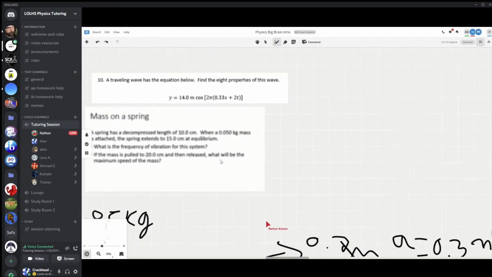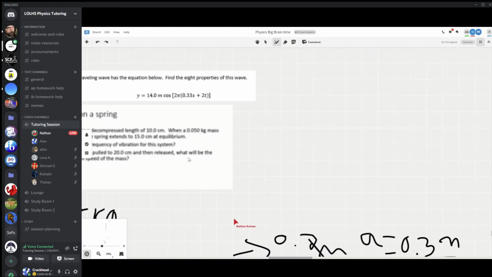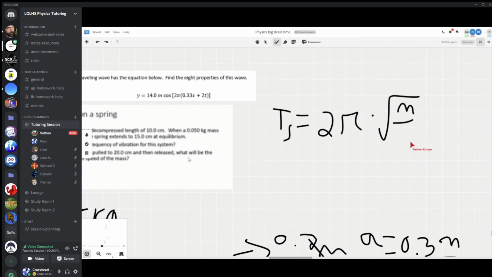Remind me again, Alan, what the period equation is. The equation is T_s, the period, equal to 2 pi times the square root of m over k, and that's m over k total, both of them. So our period is going to be 2 pi times the square root of the mass, 0.05, over k, which is 10.